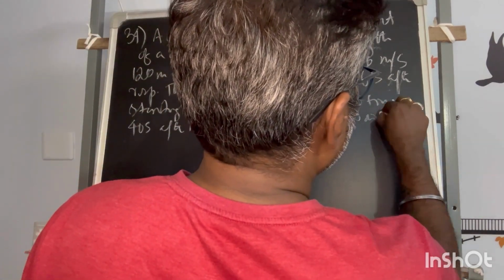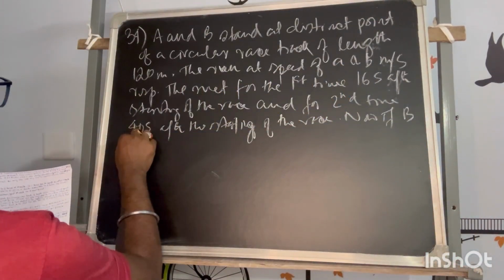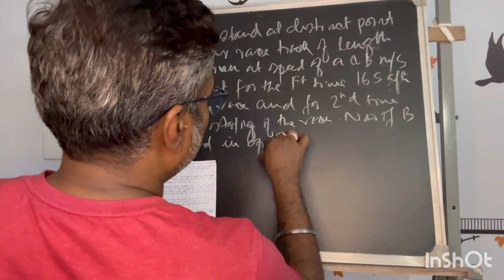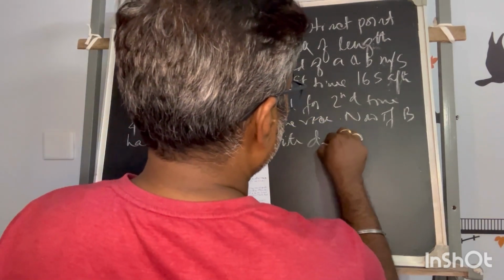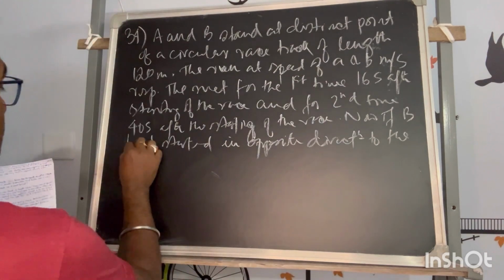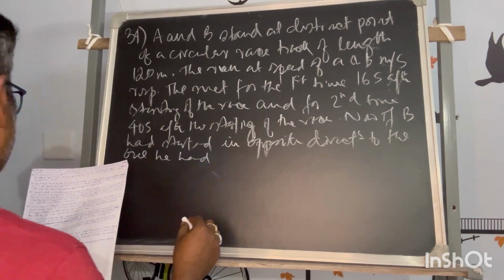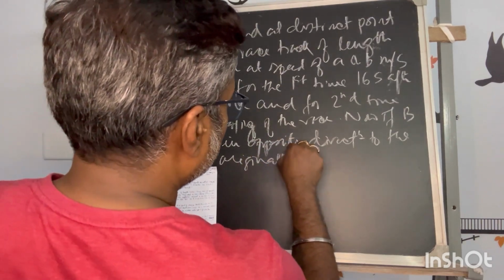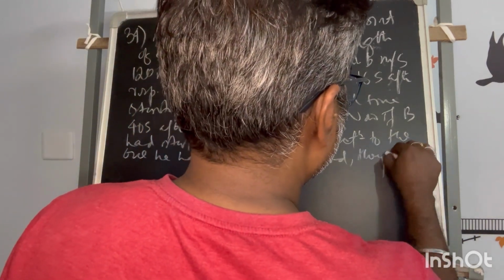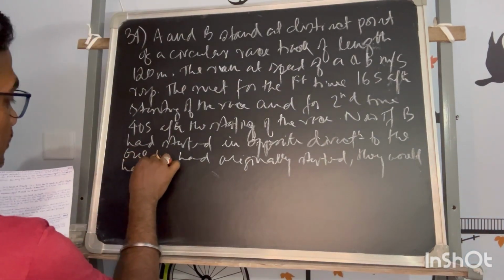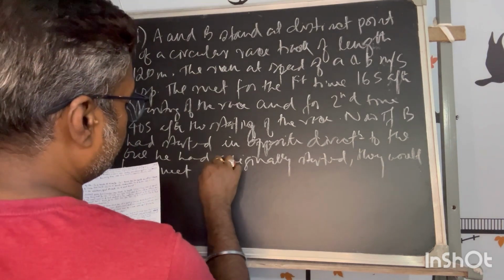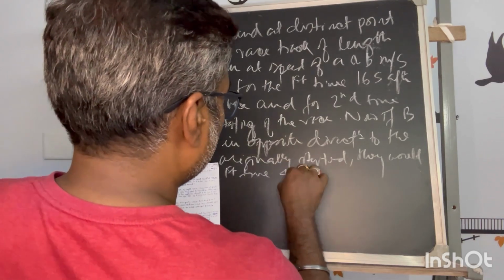Now, if B had started in the opposite direction to the one he had originally started, they would have met for the first time 40 seconds after.